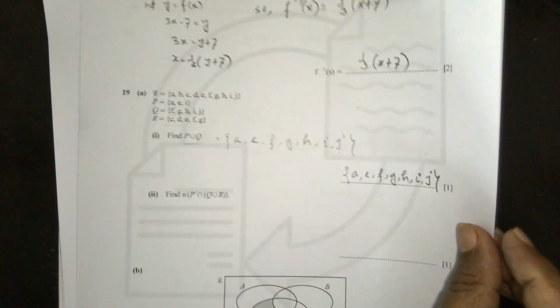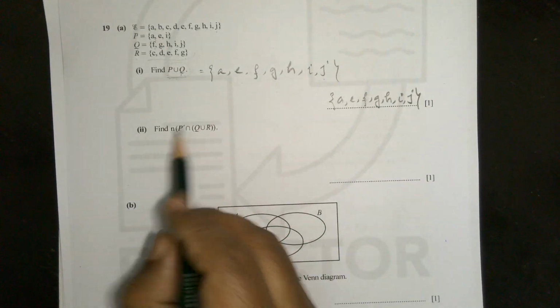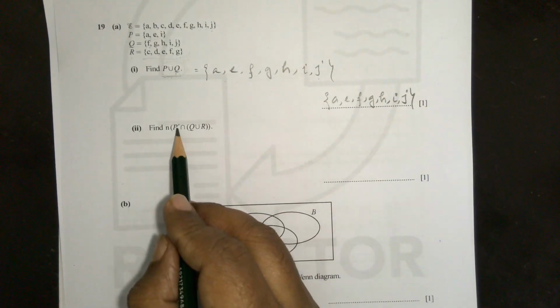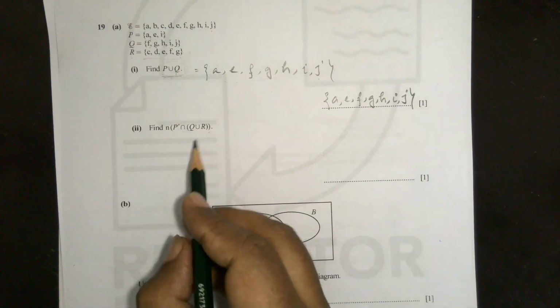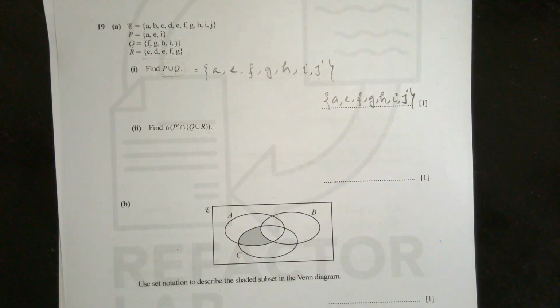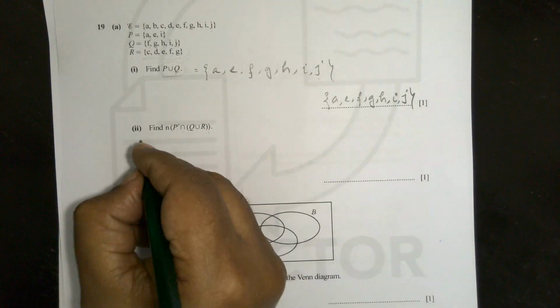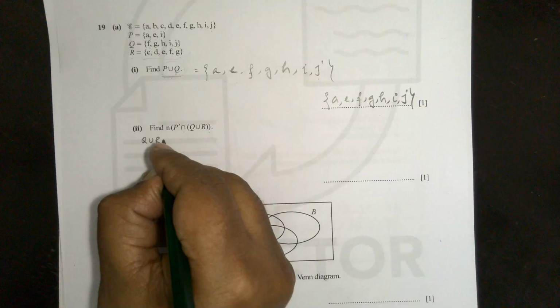Now it says to find P prime intersection of Q union R. So let's try to find Q union R first. What is our Q union R?